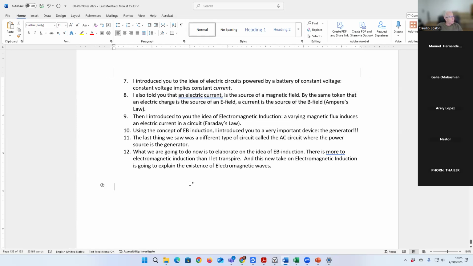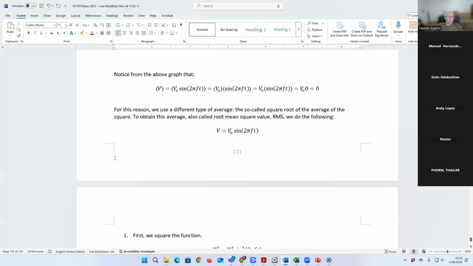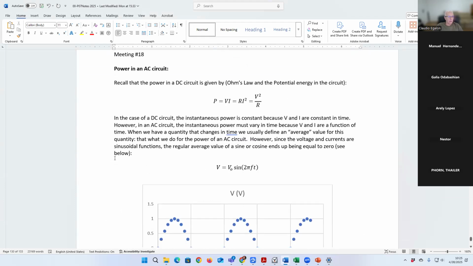And how do you do that? Again, we are going back to the idea of electromagnetic induction. Let's see here. Number 12.